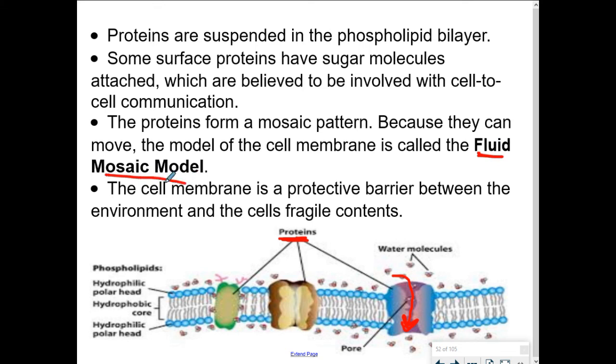Fluid mosaic. So, number one, fluid is because these proteins aren't locked in one place. On the surface of the cell, I'll use this example, on the surface of the cell, these are the phospholipids. Scattered inside the cell are all the proteins.